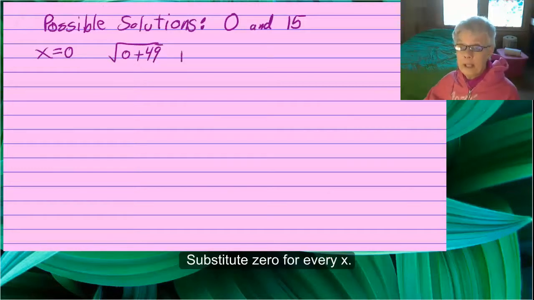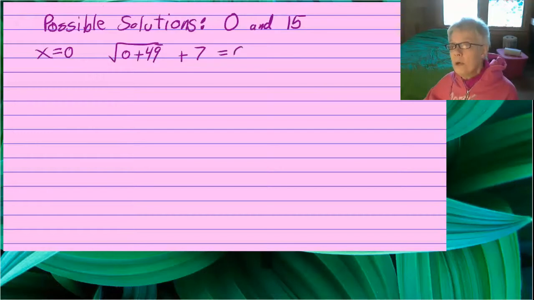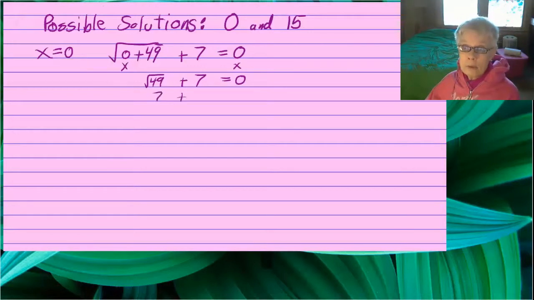I'm testing x equals 0. The square root of 0 plus 49 plus 7 equals 0. Is this a true statement? I put 0 in for the x's. That will give me the square root of 49 plus 7 equals 0. 7 plus 7 equals 0.